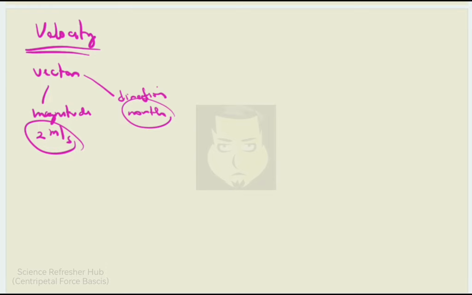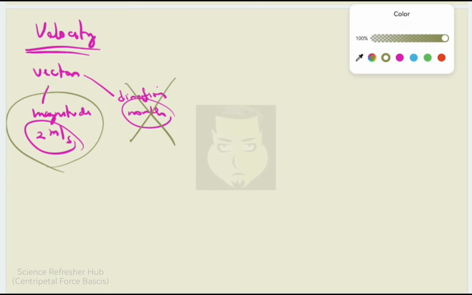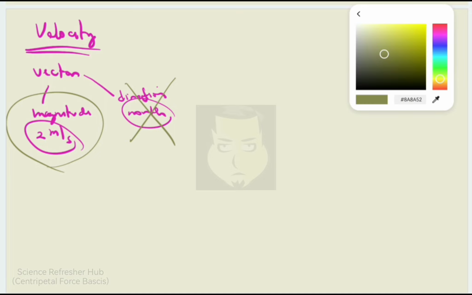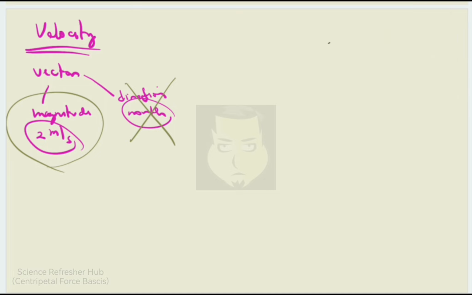If we will remove direction, we only have magnitude of our velocity. If that's the case, our velocity will become this so-called speed.